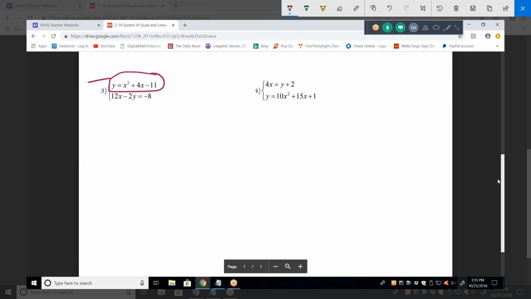If I look at number 4, that one is fully defined in terms of y. When you have one of the two equations fully defined in terms of one variable, it doesn't really matter whether it's x or y, but if it's fully defined in terms of one variable, that's perfect for substitution.